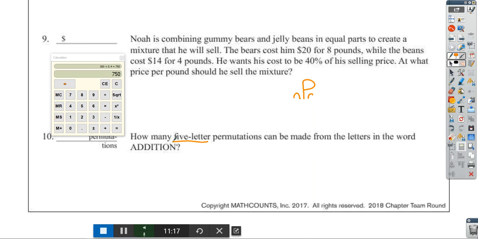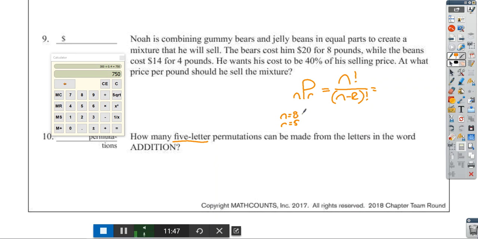So if this problem were nice and easy, all we would have to do would be to say that n is equal to 8, because there are 8 letters, and r is equal to 5, and that would allow us to then say 8 factorial over 8 minus, oh, I forgot to give you the equation. How horrible of me. The equation is n factorial over n minus r factorial.